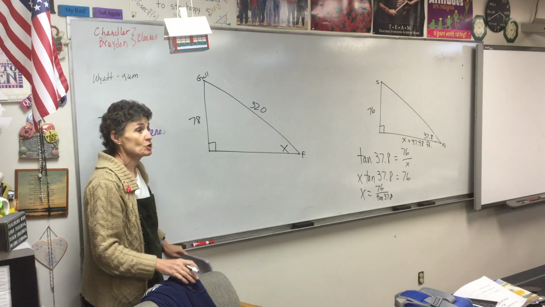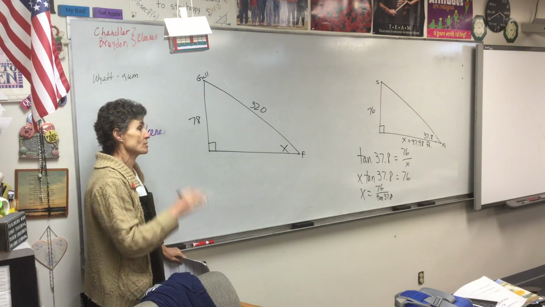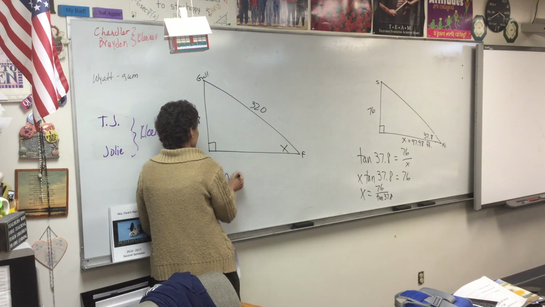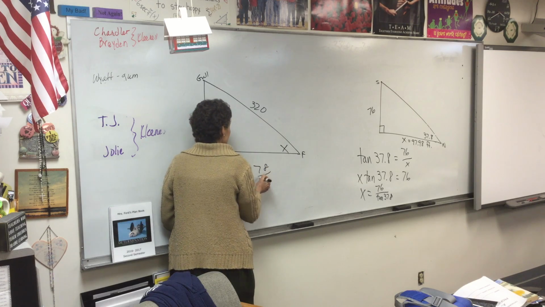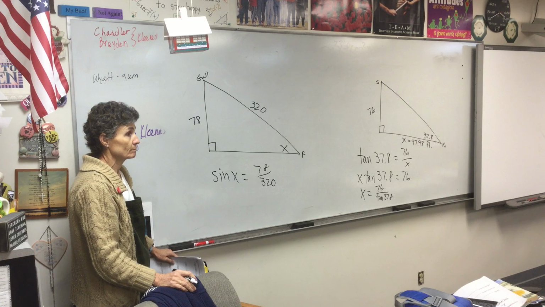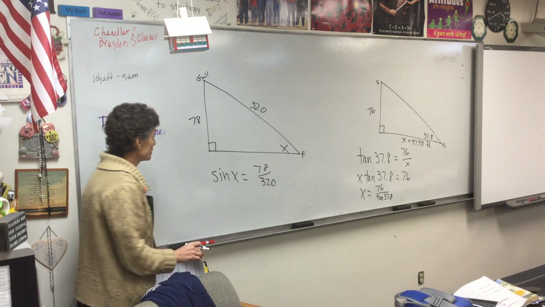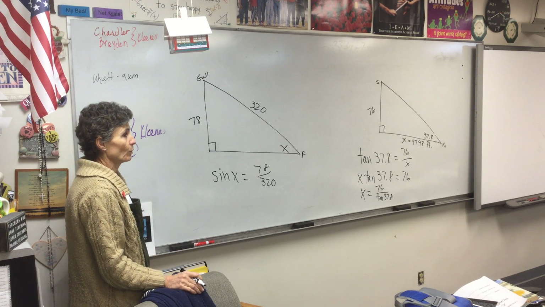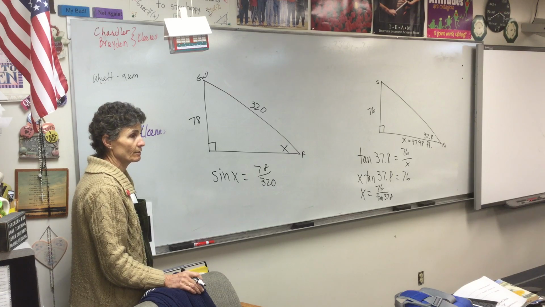Now, pick an equation, or a function. You have to write an equation. Sine, cosine, or tangent? Sine. So sine x equals 78 over 320. Is that right? Oh, wait a minute. What am I going to have to do on my calculator?